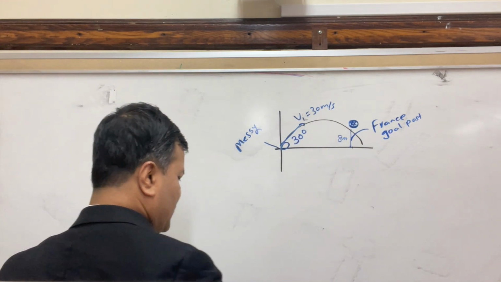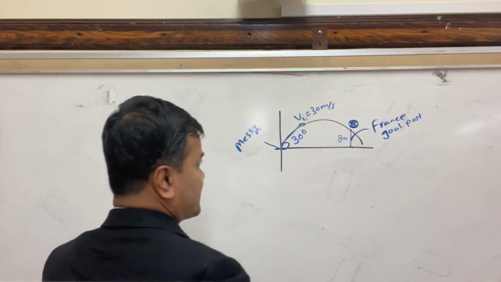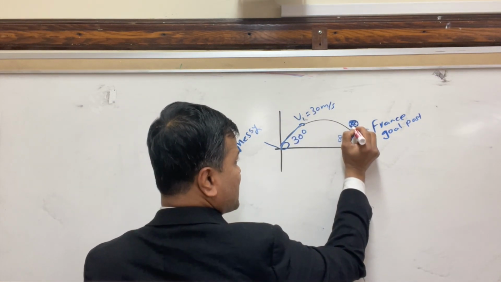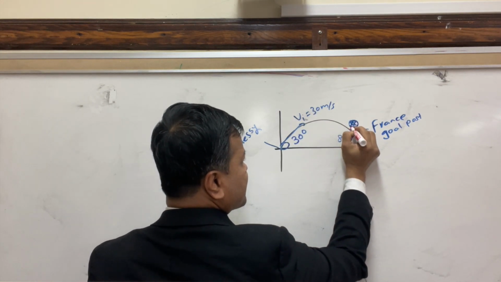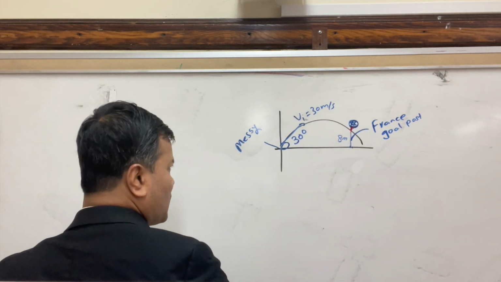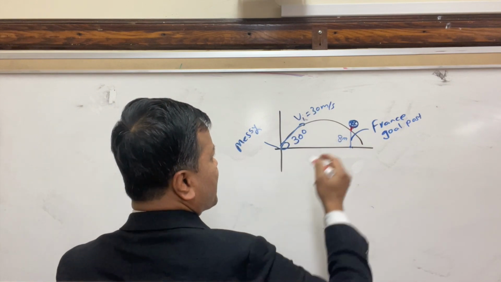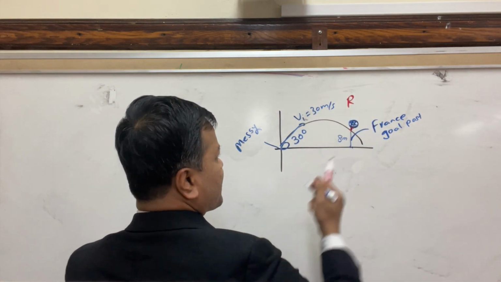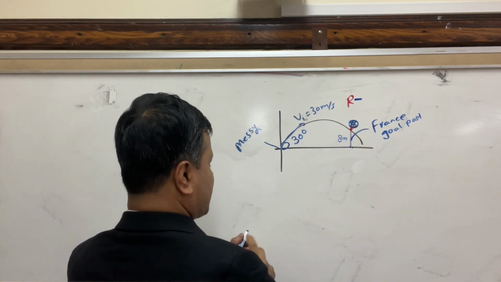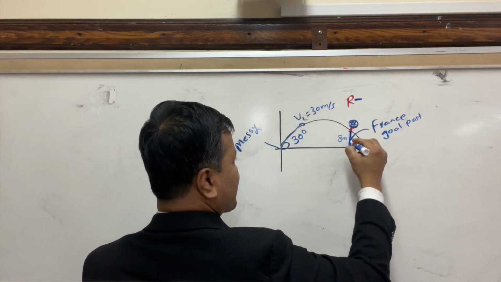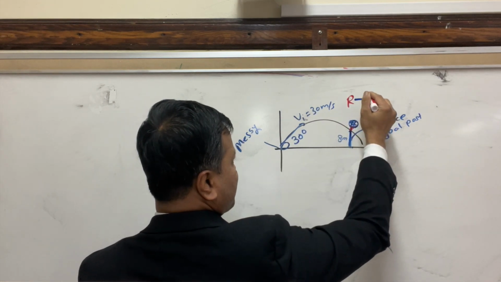So once you know the height of the soccer ball at this location, right here, the red, the final answer is going to be red minus blue. This is red, and this is blue.